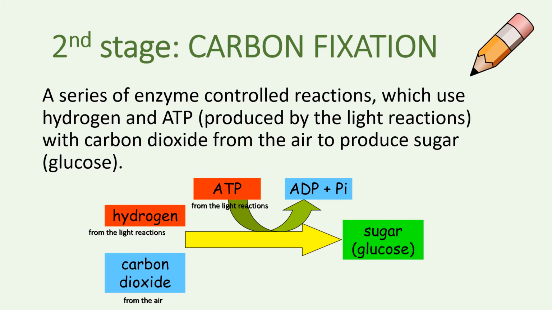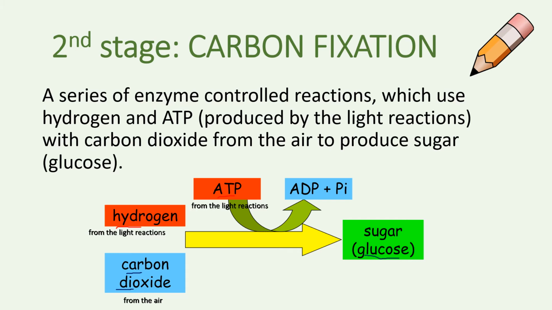So you've got your hydrogen from the first stage and your ATP, both of which are combined with carbon dioxide from the air to form sugar, which is called glucose. Make sure you know this before you move on to the next part of the video.